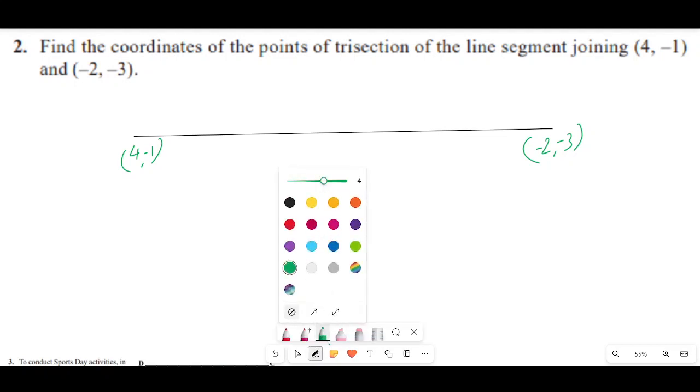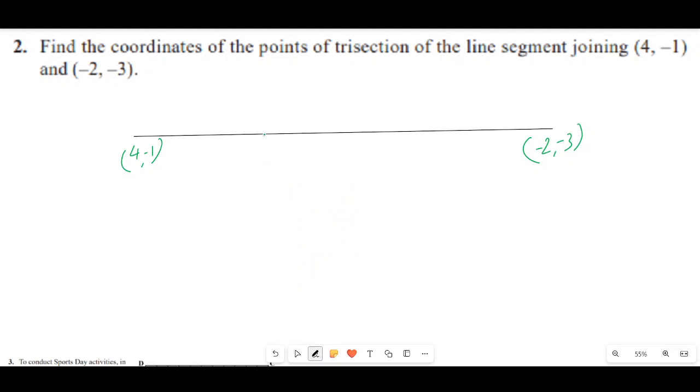Now we should divide it into 3 equal parts.